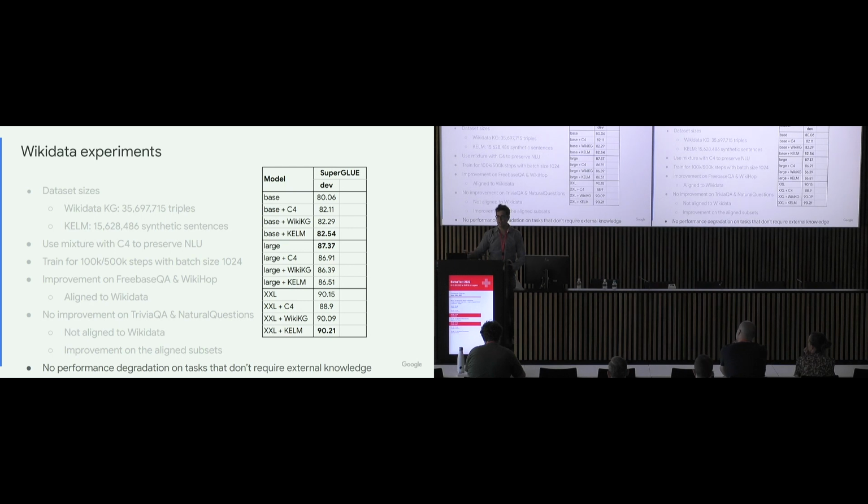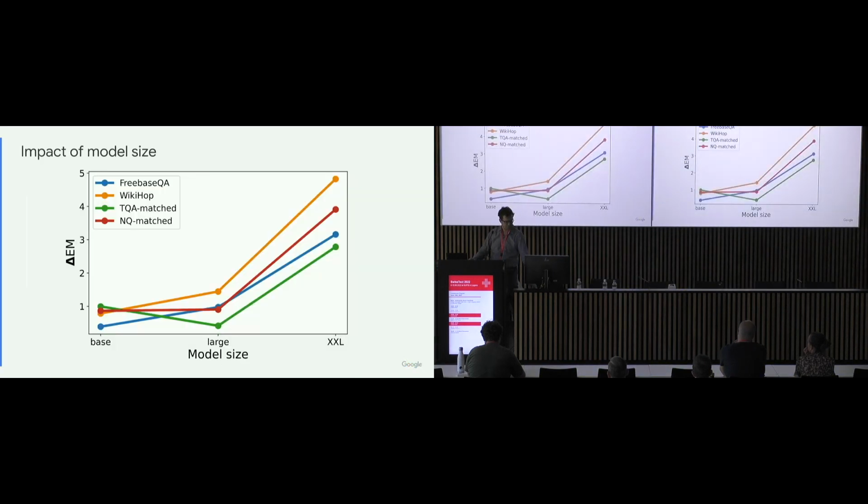But because we have this mixture with the C4 corpus while fine-tuning, that's what guarantees that it's not forgetting the previous pre-training, and we have no degradation on these tasks. You can also see that the improvement over the vanilla T5 model is increasing already with the size of the model.